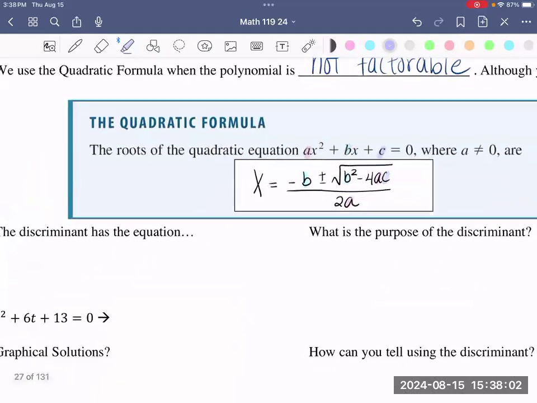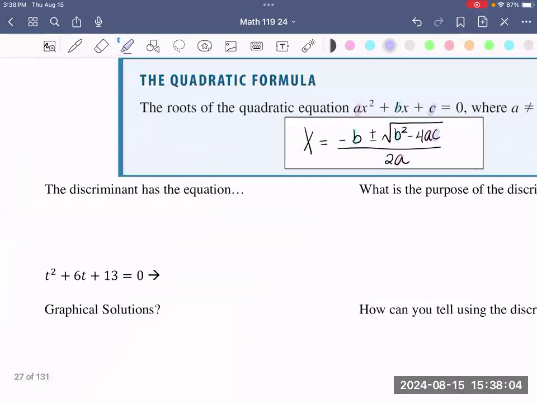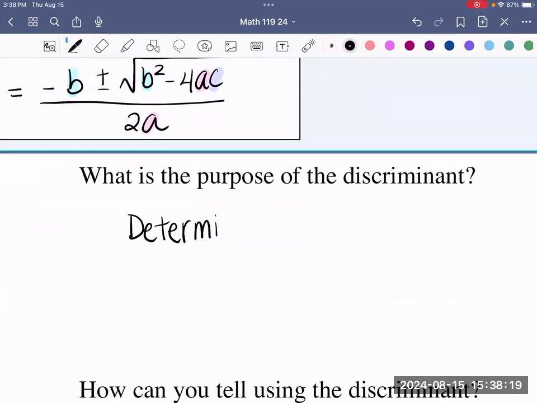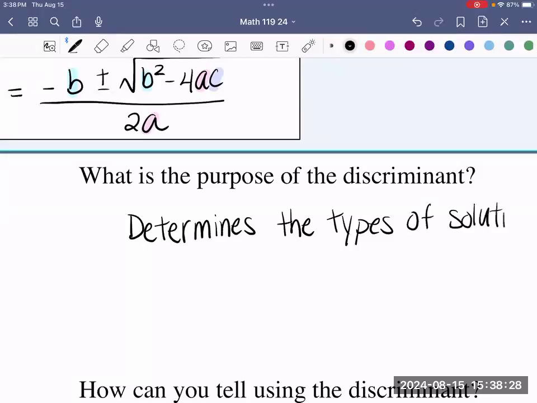Now, before we get started with the quadratic formula and an example, let's take a look at what it means to be a discriminant. The purpose of the discriminant is that it determines the types of solutions, or x-intercepts, that are possible.